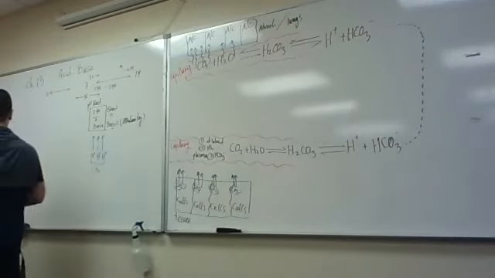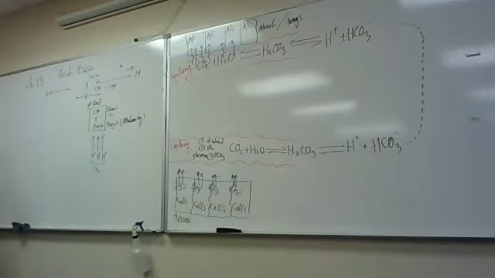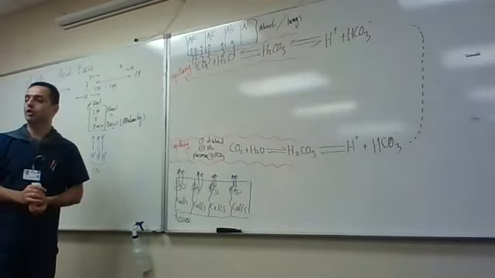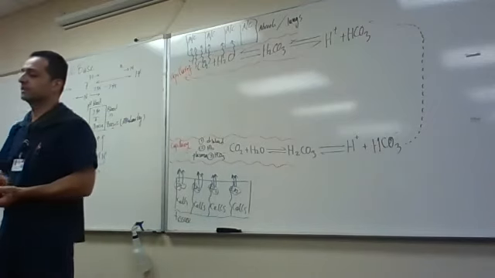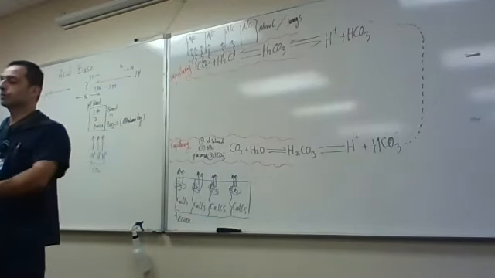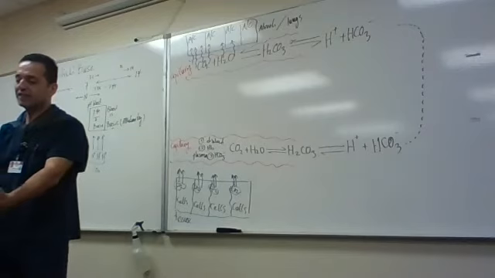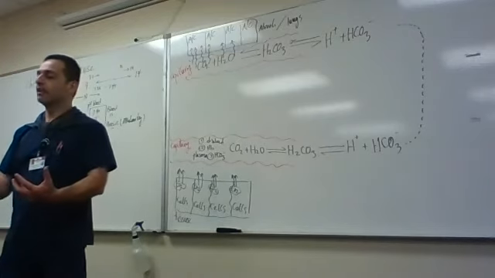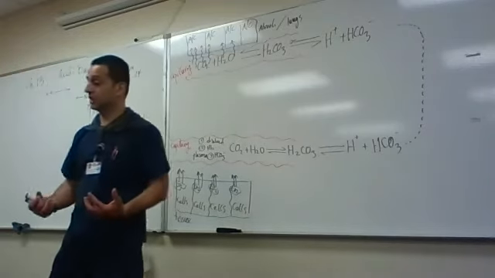So our buffer system takes a lot of shock, just like a shock absorber. That's what the buffer system of our body does. A shock absorber receives a lot of hit, a lot of pressure, a lot of force in the car.